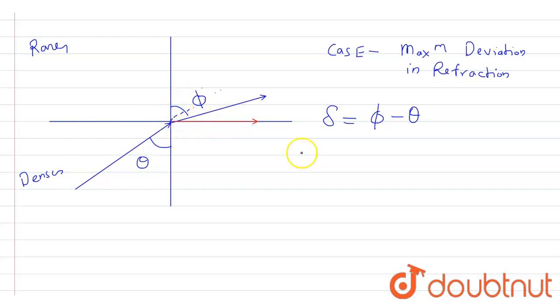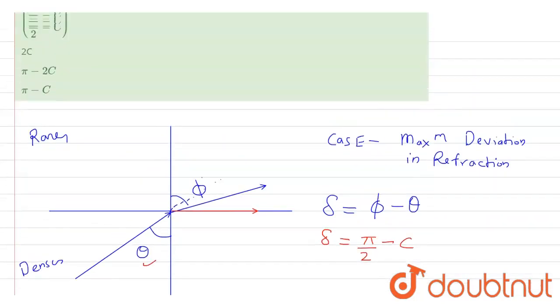In that case the angle phi becomes pi by 2 and the deviation becomes pi by 2 minus angle theta. Here the refracted ray is moving at a right angle with the normal, so this angle theta becomes the critical angle, and the value of the critical angle given in the question is C.